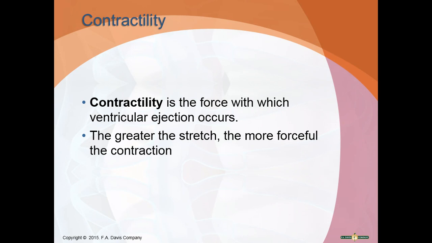So the more blood returned to the heart each minute, the more forcefully it will contract. Too much blood, however, can overstretch the heart's muscle, causing it to lose elasticity. For example, the more you stretch the rubber band, the more it will contract when it's released, and the farther it will fly. Likewise, an old rubber band that has been overstretched is not as elastic as a new one and will not fly as far when released. So the greater the stretch, the more forceful the contraction.